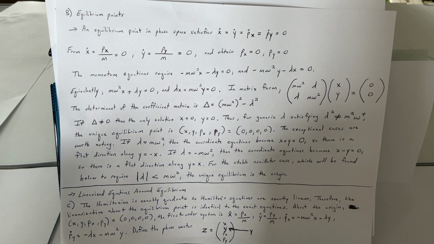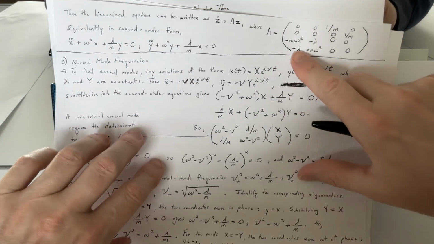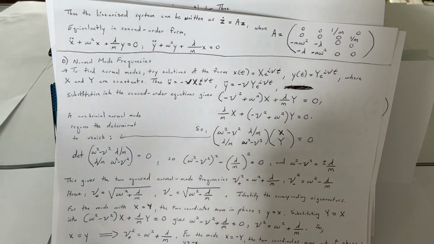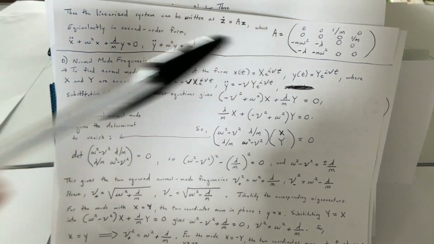So what we can do from here is define the phase vector z equals x, y, p sub x, p sub y, as a column. The linearized system can be written as z dot equals A z, where A equals this matrix.